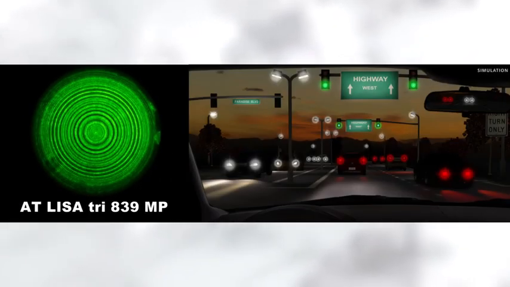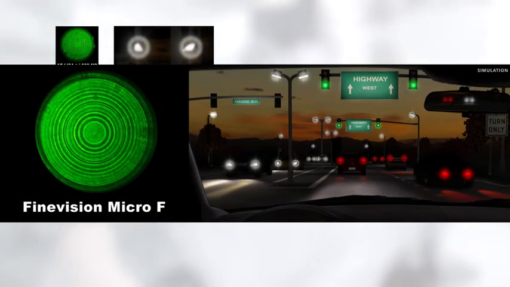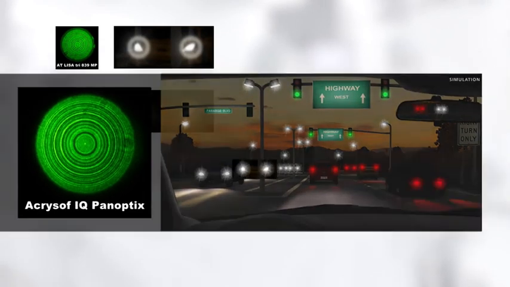Here you see the RayOne image and the according image in the simulator. It is a classical halo type. With the Micro-F or the FineVision lens, you have a similar image. The PanOptix showed a higher amount of starburst in the appearance of the halos.